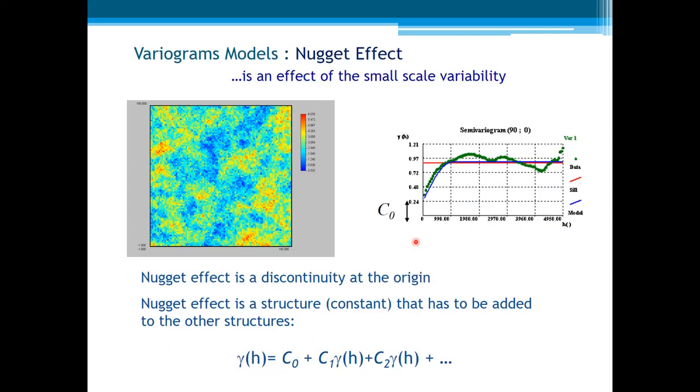Now, this represents those situations of very high variability at very short distances. In other words, the transition at small scale produces a jump, this jump here, of the variogram at the origin. This is called nugget effect. Nugget effect is a constant, here, this one, C0, that has to be added to other structures, if any.